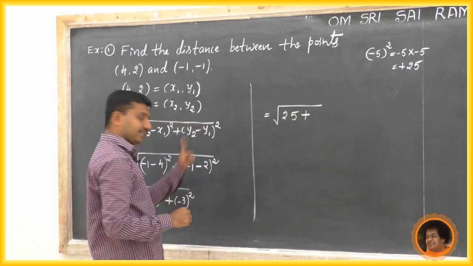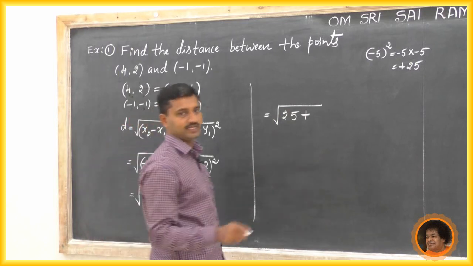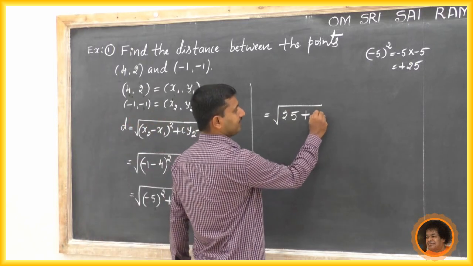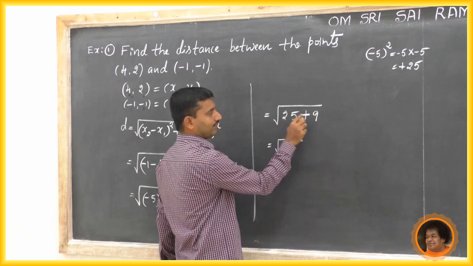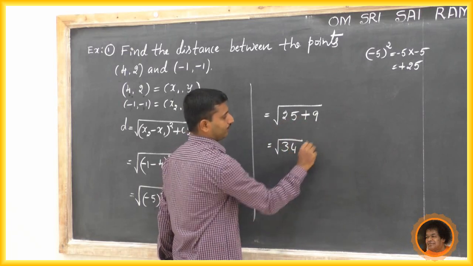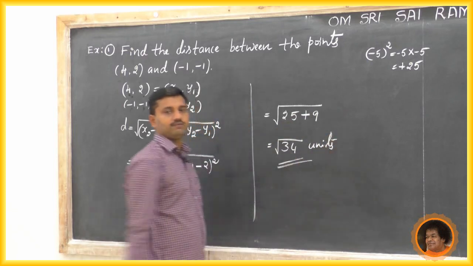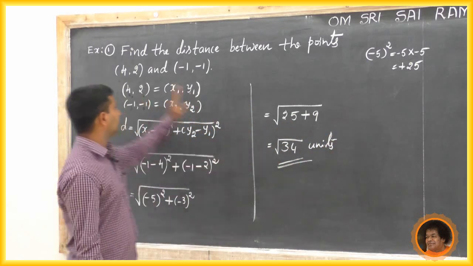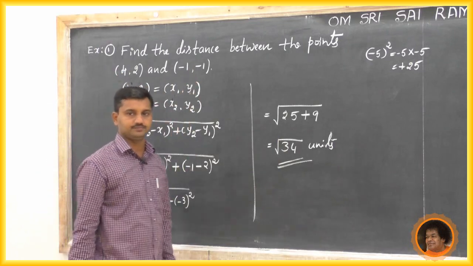Plus minus 3 whole square means minus 3 into minus 3, which is 9. Now add 25 plus 9, that is 34. So the distance is square root of 34 units. This is the distance between these two points on the Cartesian plane.